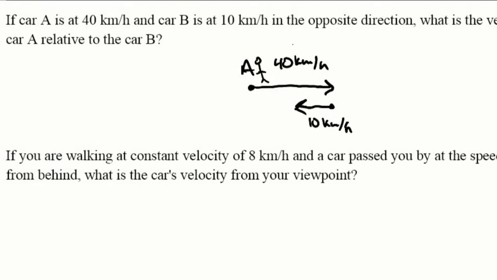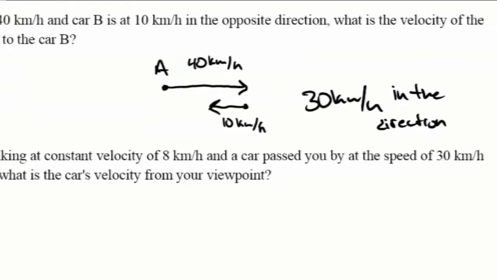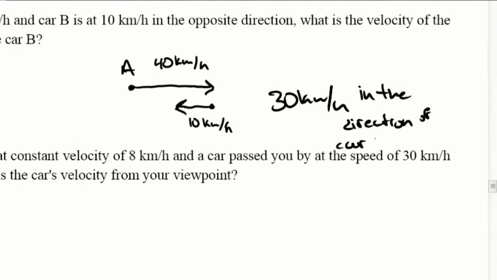30, 30, 30, yeah. So it would seem that, just trying to make sure I'm getting the right perspective here. So 30 kilometers per hour. You could write something like in the direction of car A. It's nice to have a direction. 30 or 50.